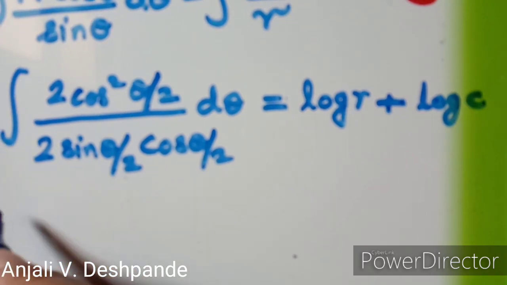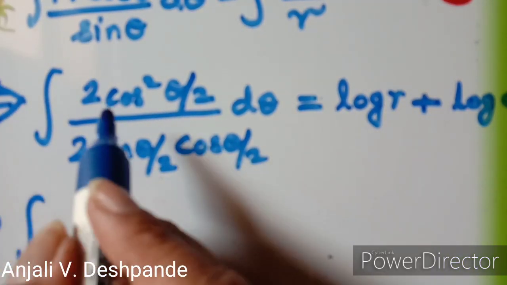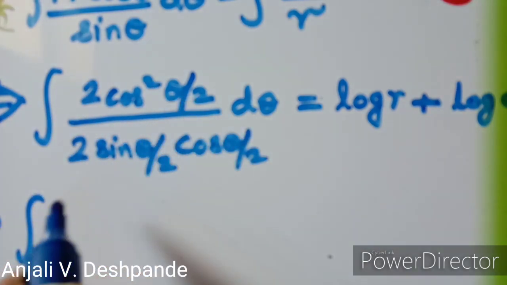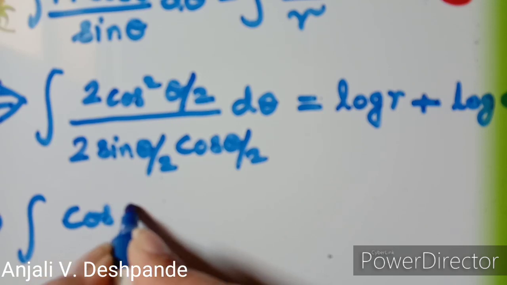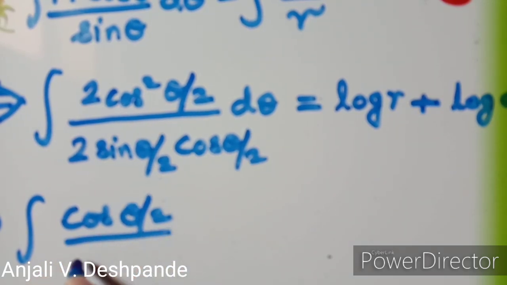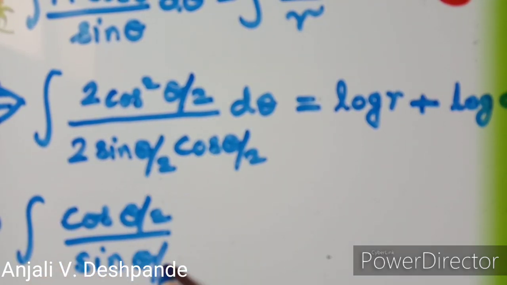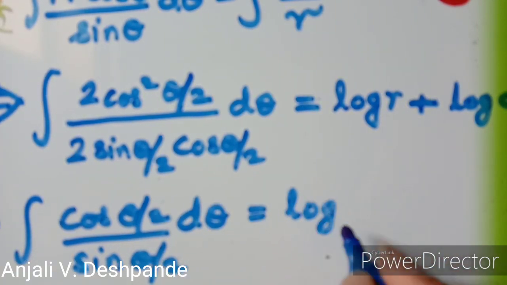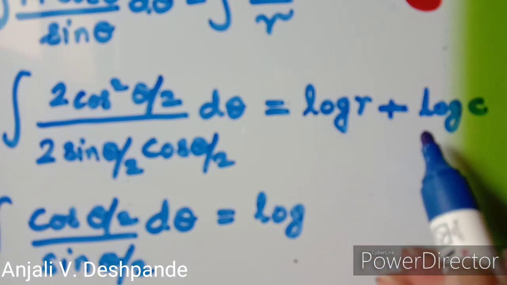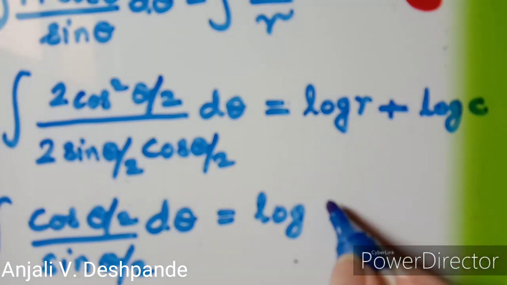So this implies the integration, once again cancelling the common terms, leaves cos theta by 2 divided by sin theta by 2 d theta is equal to log. Now we have log r plus log c, so log a plus log b is log ab.